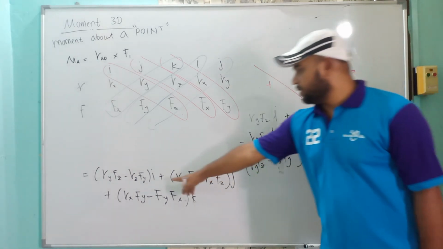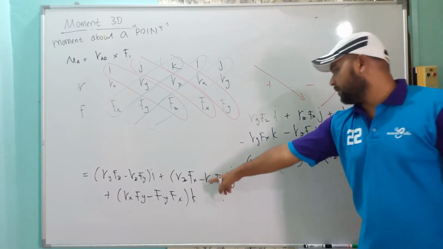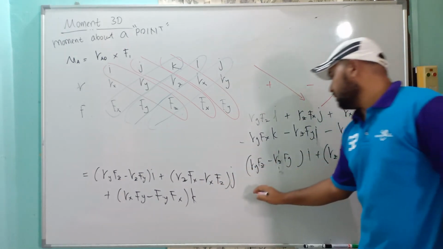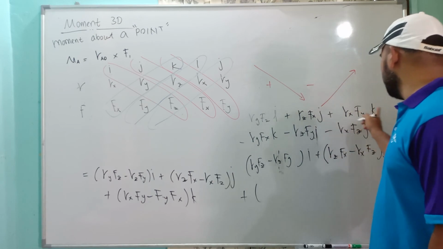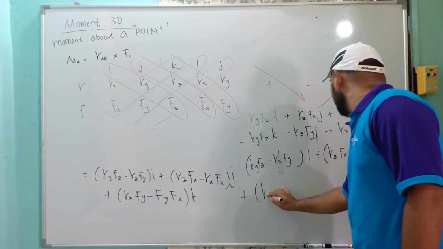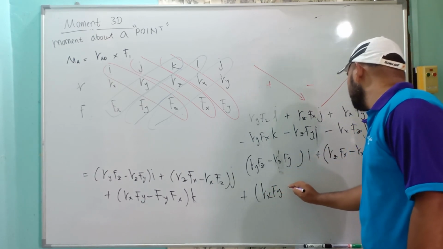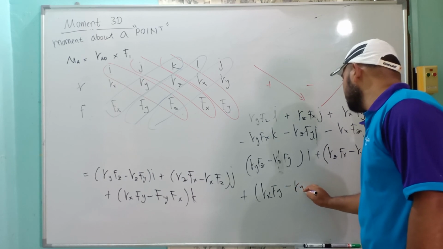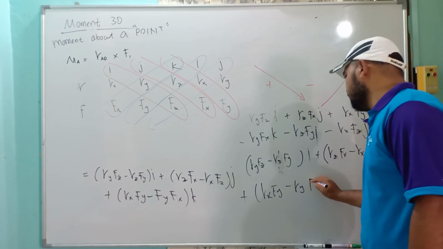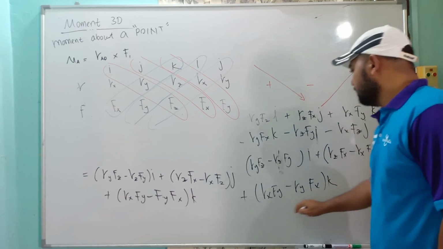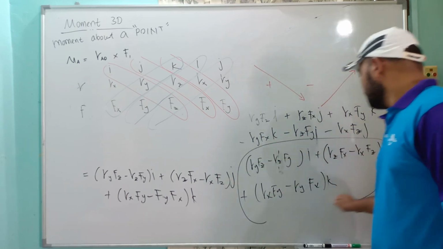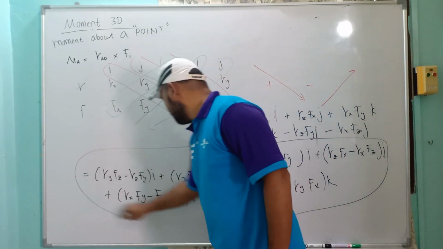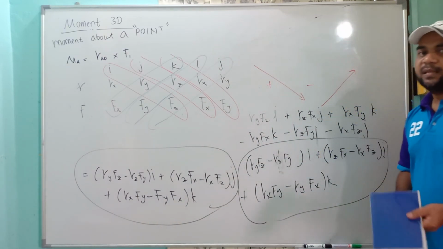You see that here it is the same, R_Z F_X, R_X F_Z. Plus K times R_X F_Y minus R_Y F_X. Okay, so you see that this one and this part, you have the same answer.